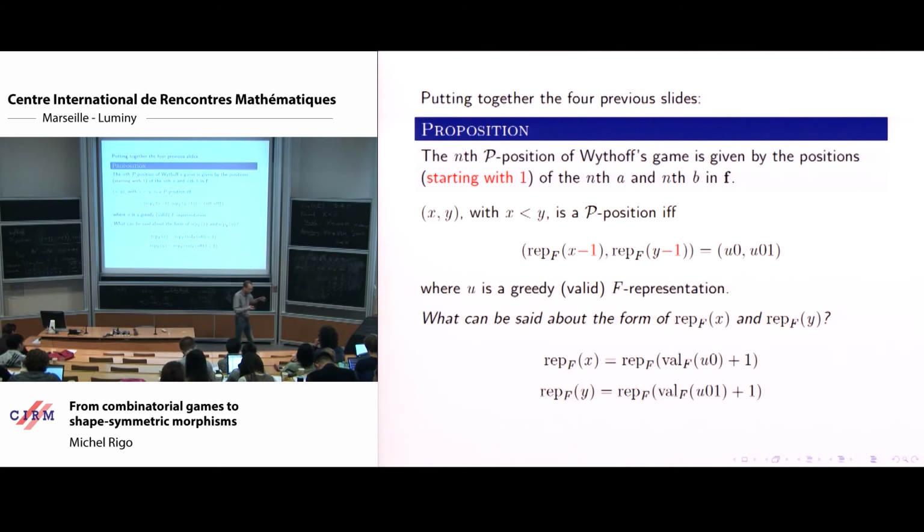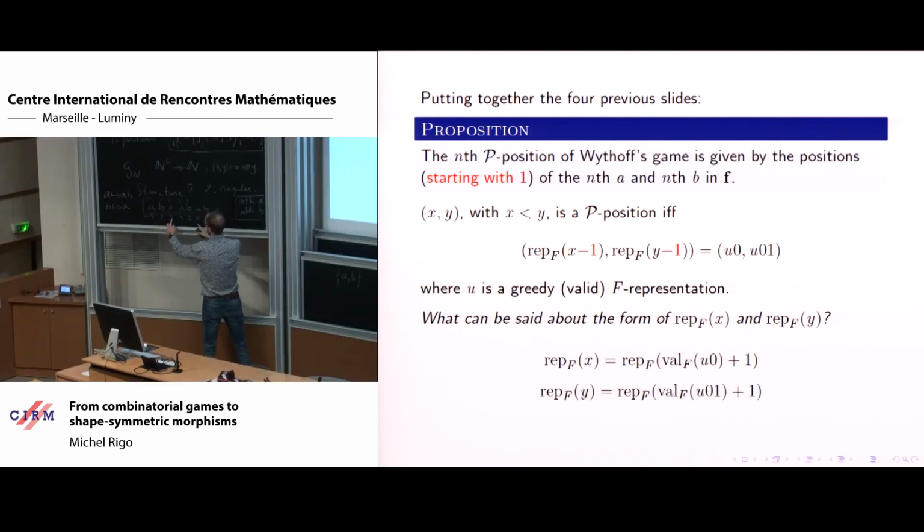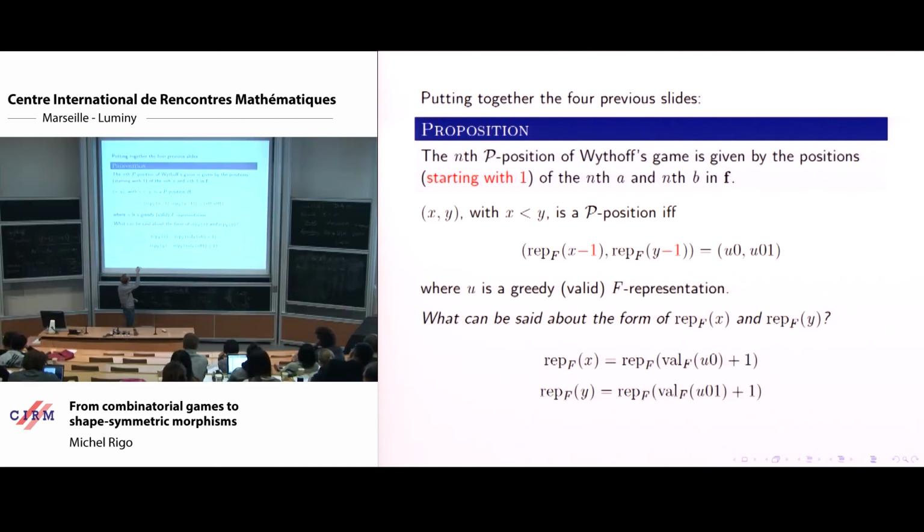Okay, that's my only little problem. So, to summarize what I did up to now, do you agree with me that the nth P position of Wythoff's game is given by the position, starting with 1, of the nth A and the nth B in the Fibonacci word? Remember, 1, 2, 3, 5, 4, 7, and so on. So I start with 1. But what I know about A's and B's in the Fibonacci word are with index starting with 0.